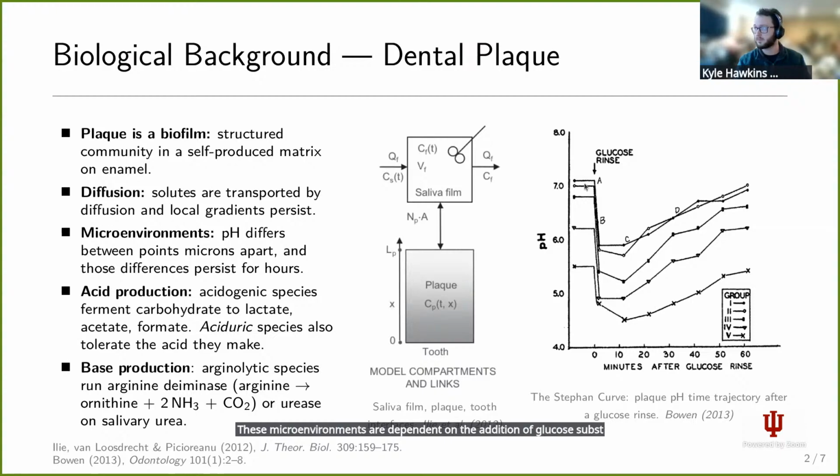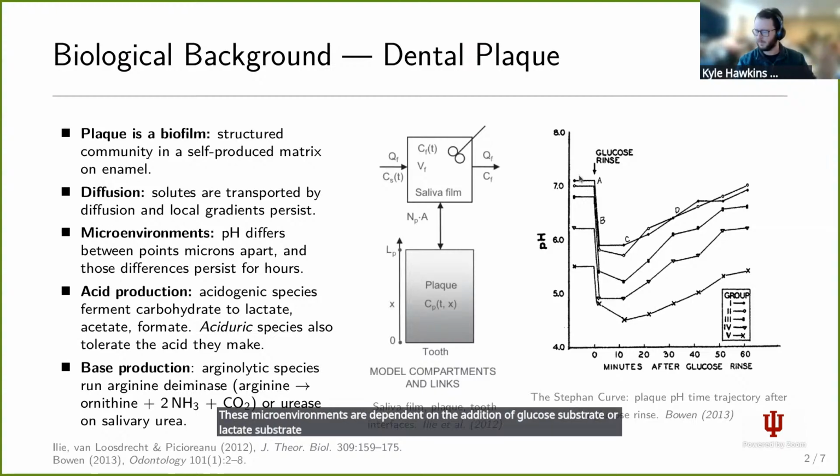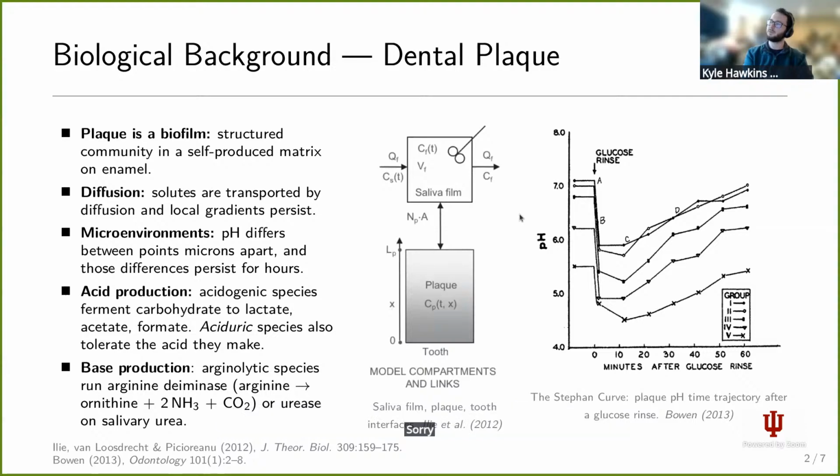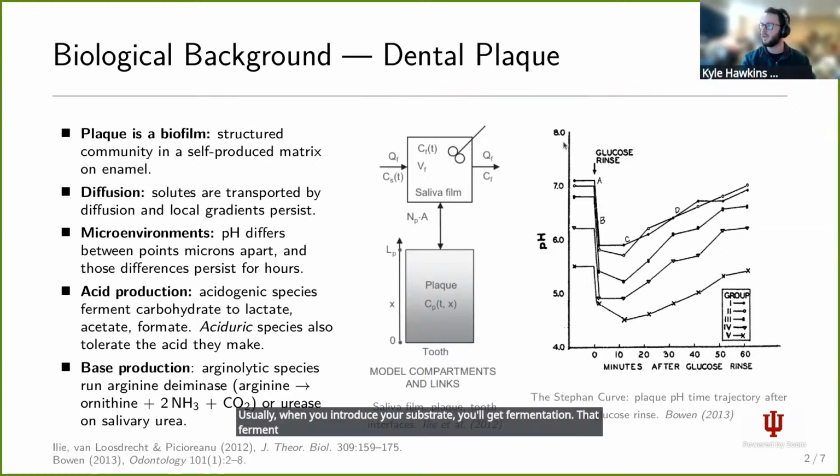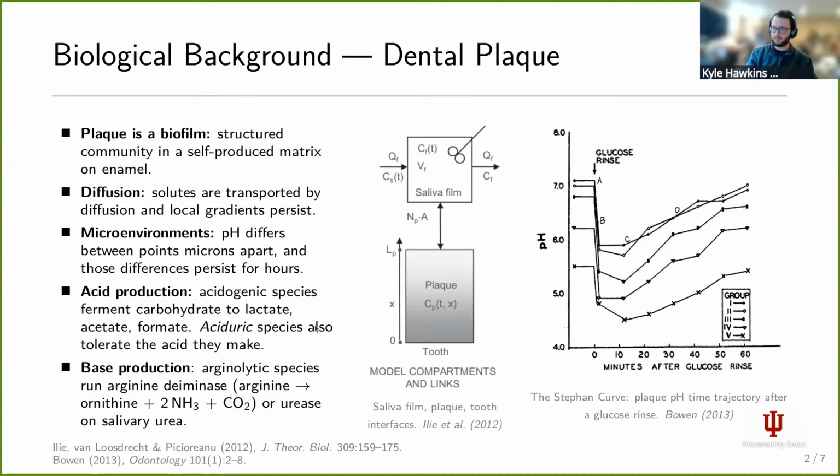So when you introduce your substrate, you'll get fermentation. That fermentation causes a dip in your pH, and then it recovers. This curve here is called the Stephan curve. So that's the behavior you see.